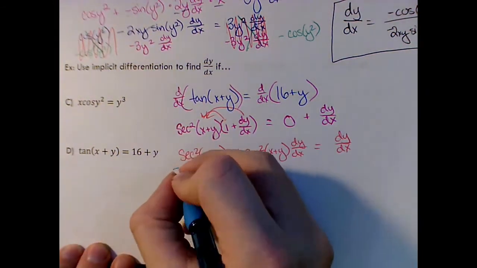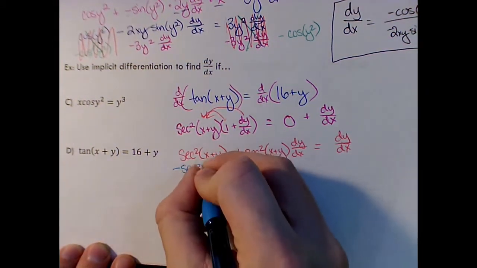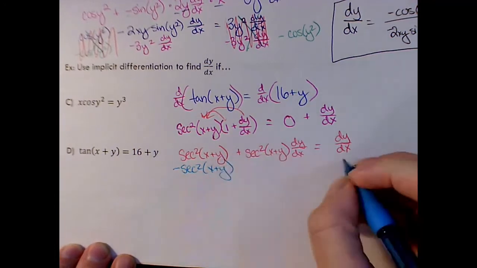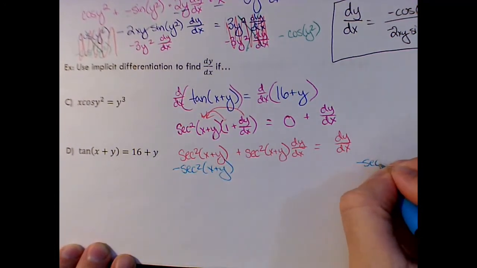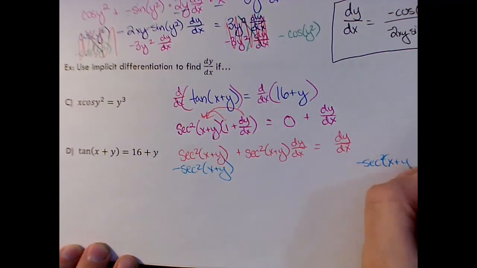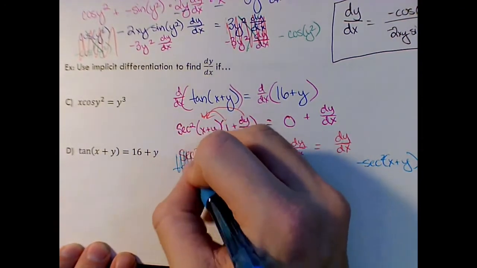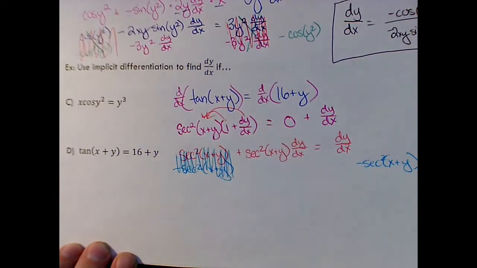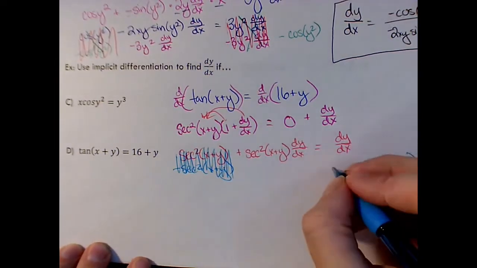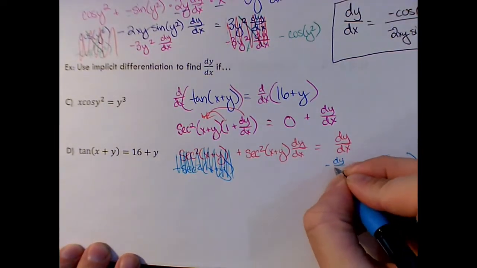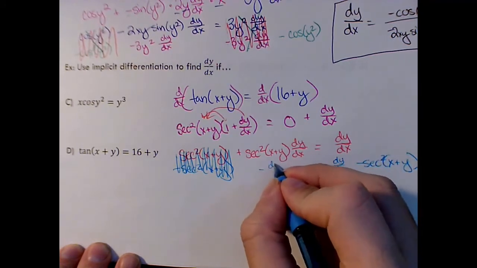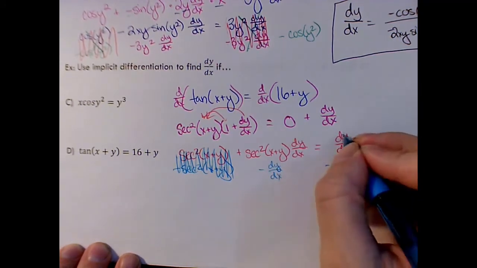Let's get rid of u by subtracting it from both sides. So you're gone. And I need to move u to the left, so minus dy dx, minus dy dx.